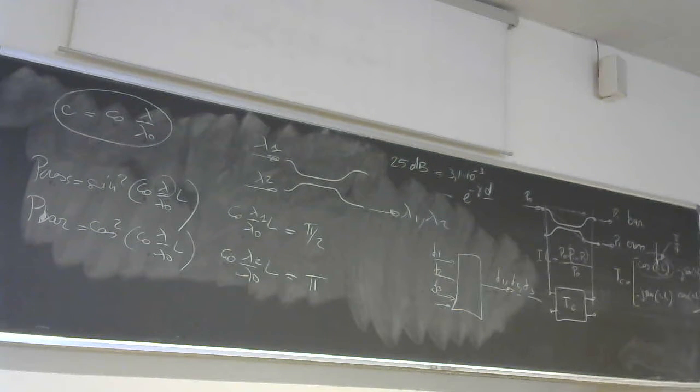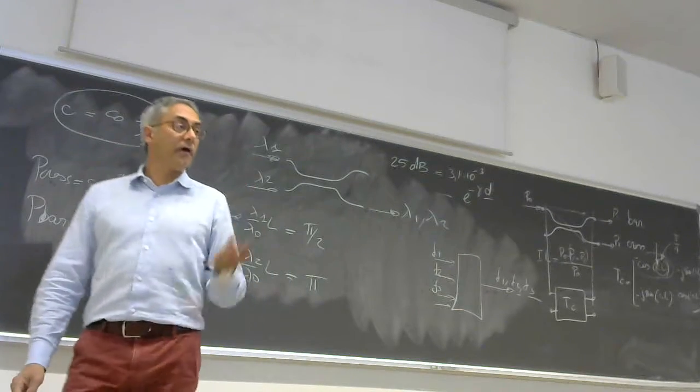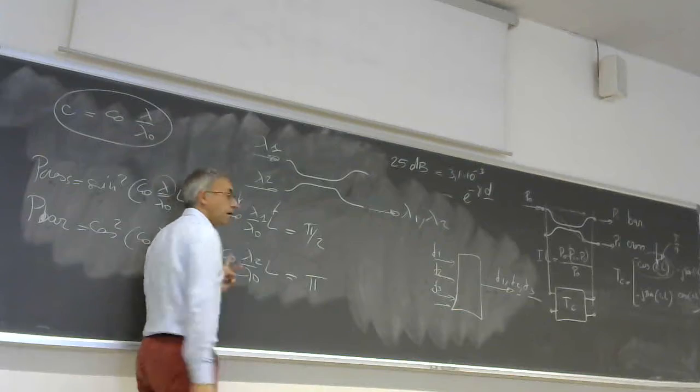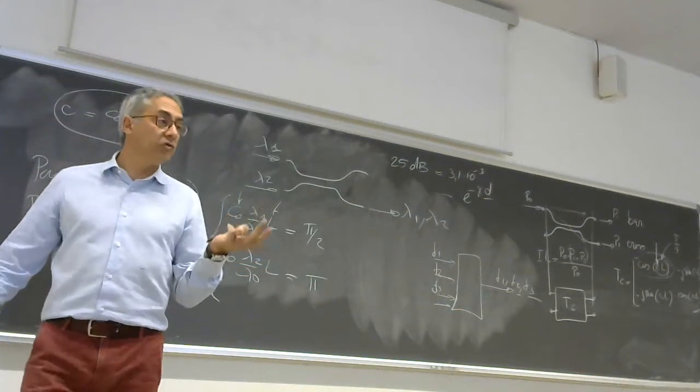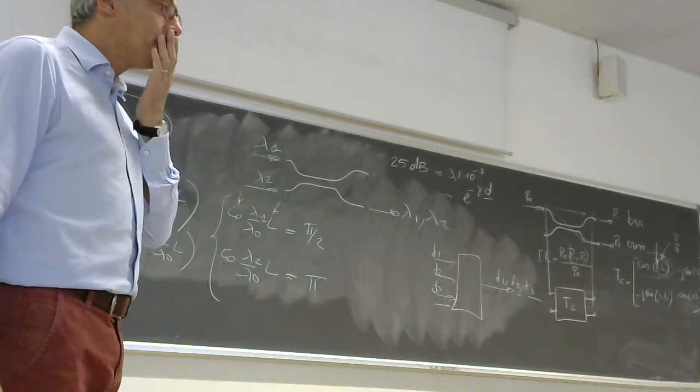Okay? Be happy or not? I mean, can you solve this system? We have two unknowns, C0 and L, and two equations. So we should be able to solve it. Can you solve it or not? Yes.